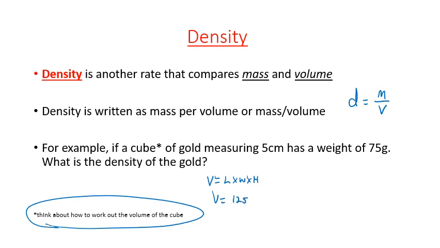It has a weight of 75, so that's our mass. So the density equals 75 grams over 125 centimeters cubed. We can cancel this down and end up with a density of 3 over 5 grams per centimeter cubed, which is 0.6 grams per centimeter cubed.